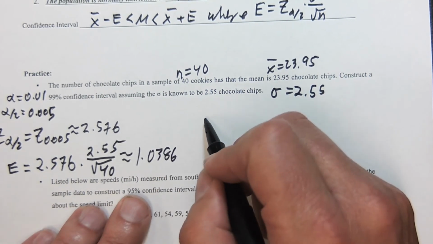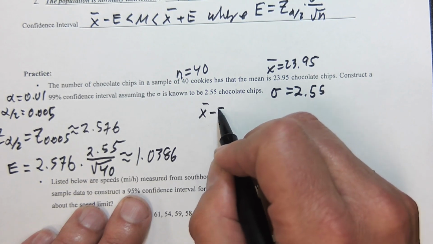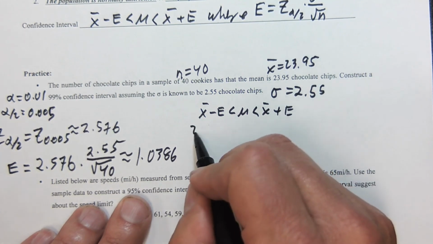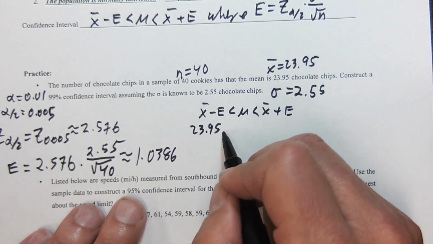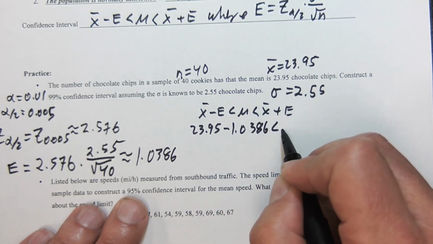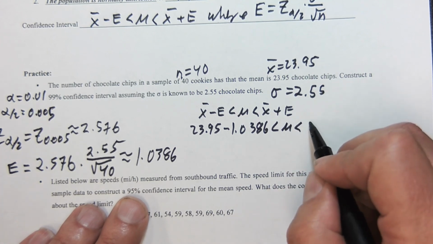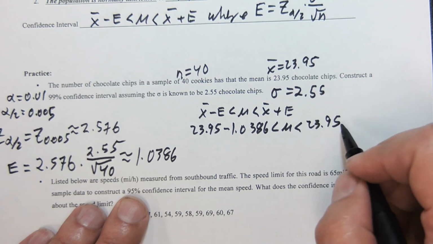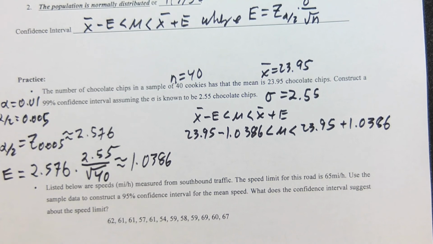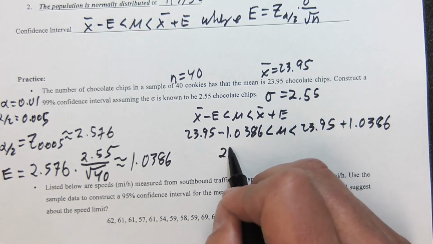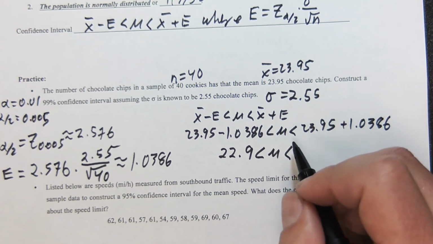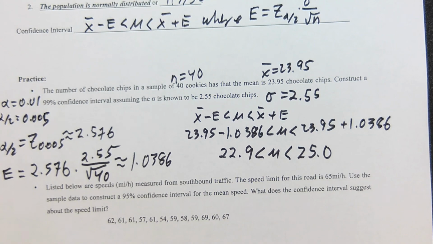So this means my confidence interval is, again, x bar minus E, x bar plus E. X bar is 23.95 minus 1.0386, and 23.95 plus 1.0386 is going to give me 22.9 and about 25.0 chocolate chips.